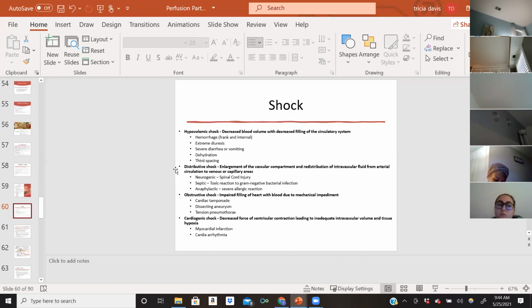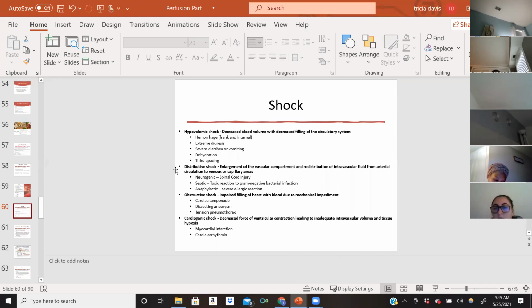So hypovolemic shock is when we have a decreased blood volume with decreased filling of the circulatory system. It's very, very common to see this with hemorrhage. It's going to be frank red blood, internal bleeding, patients that have had C-sections, gunshots, stab wounds.